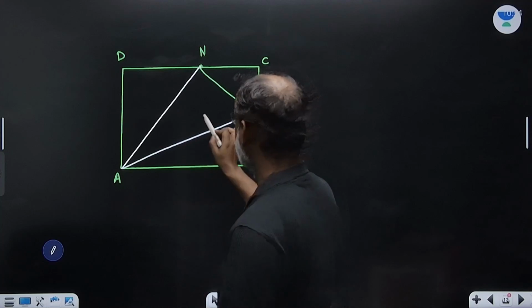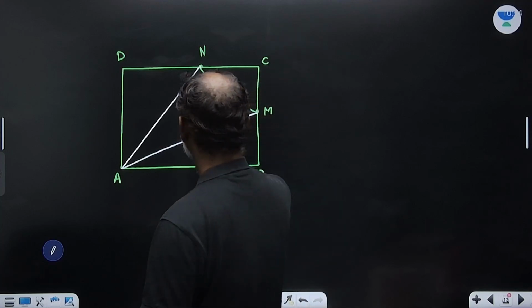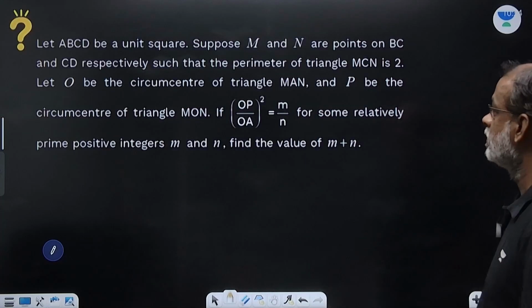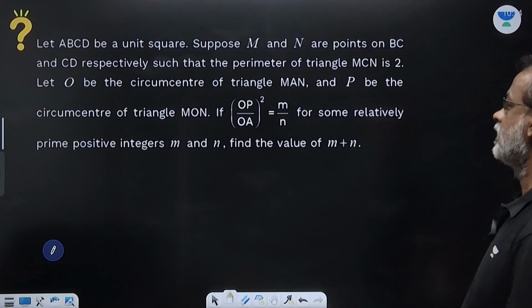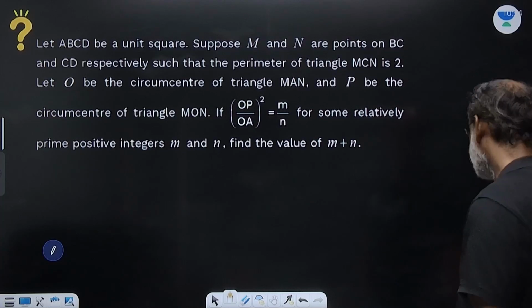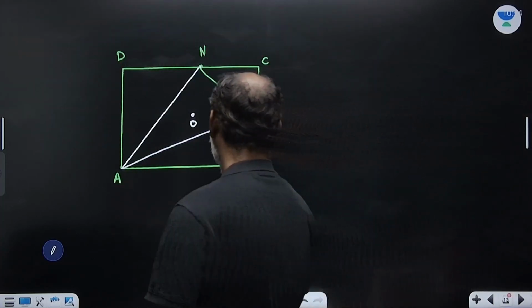Let it have its circumcenter somewhere, say O. And let P be the circumcenter of triangle MON.